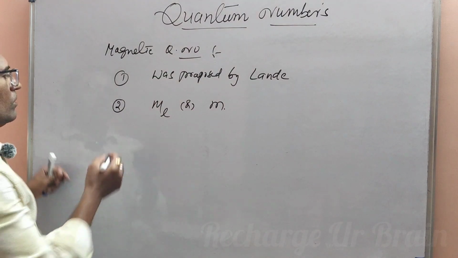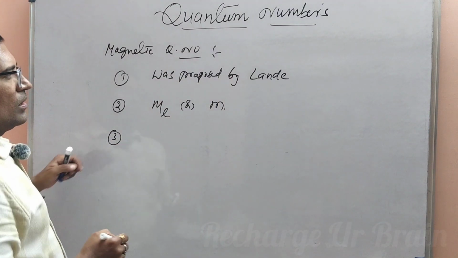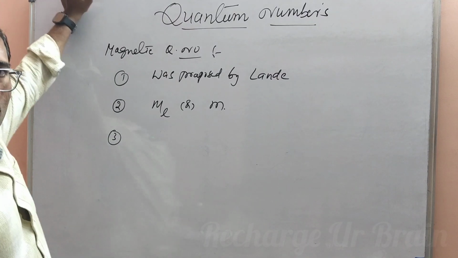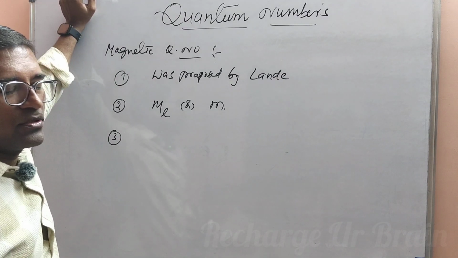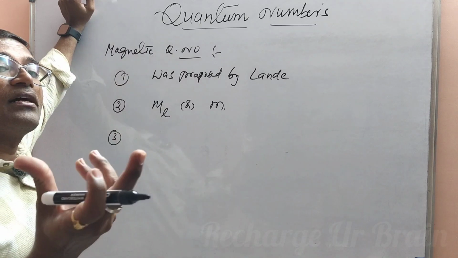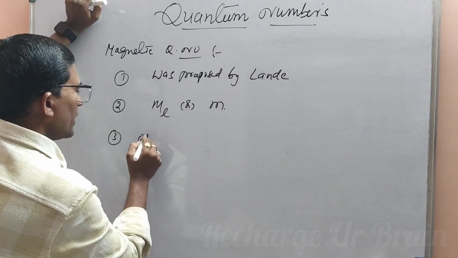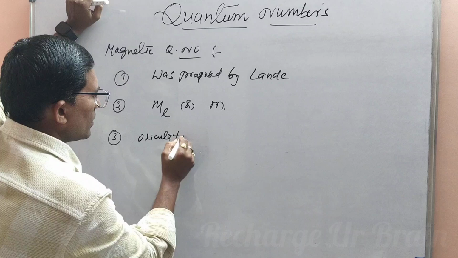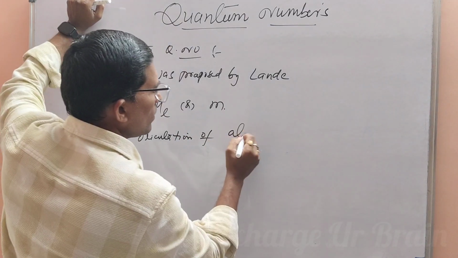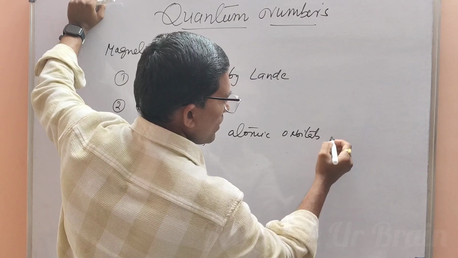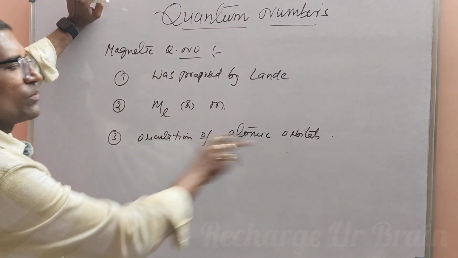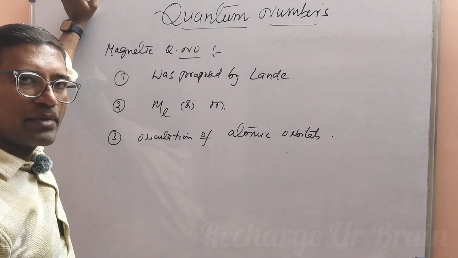Now, this quantum number signifies the different orientations of atomic orbitals.